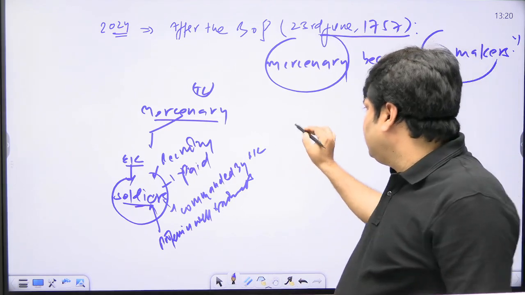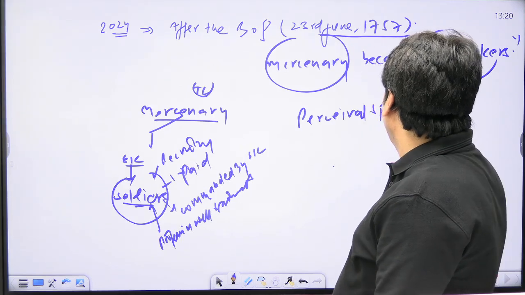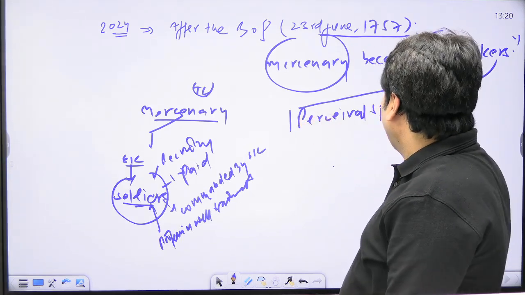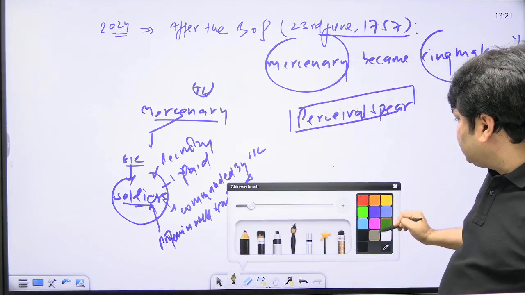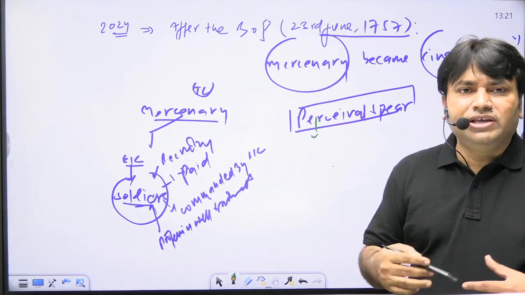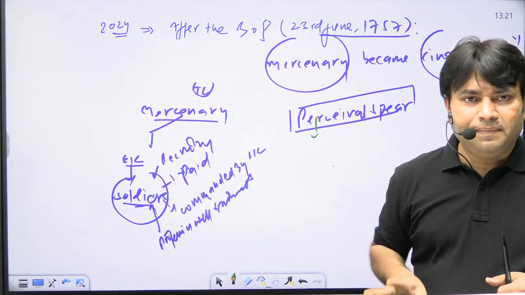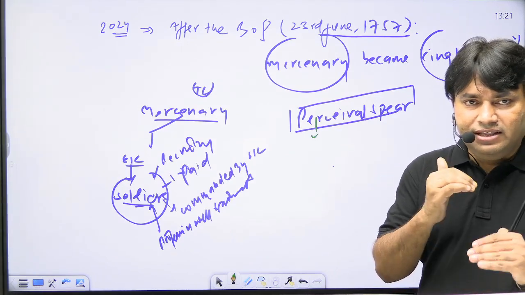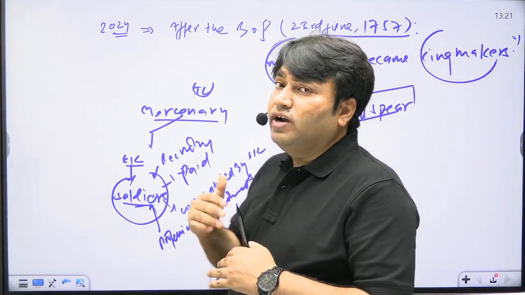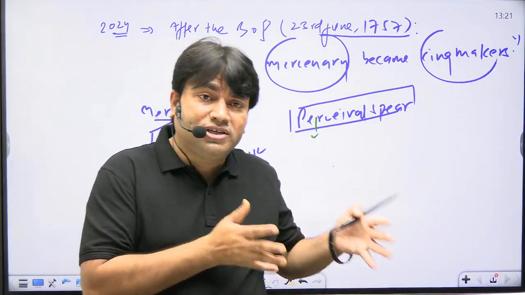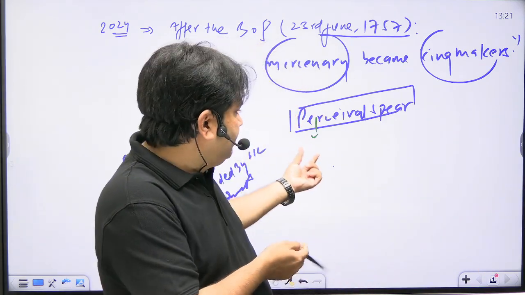But in historical debates, there is a historian, and the name of that historian is Percival Spear. Okay, and that historian highlighted this point, that when we call the East India Company a mercenary only, saying them mercenary only oversimplifies the process. It was a complex process that took place here, right?